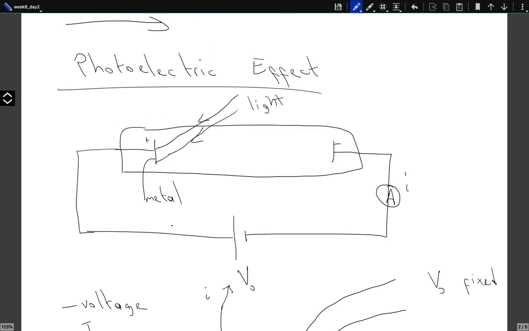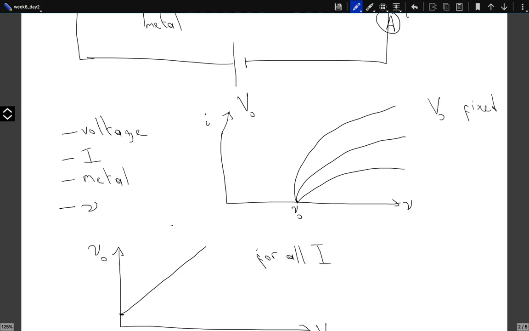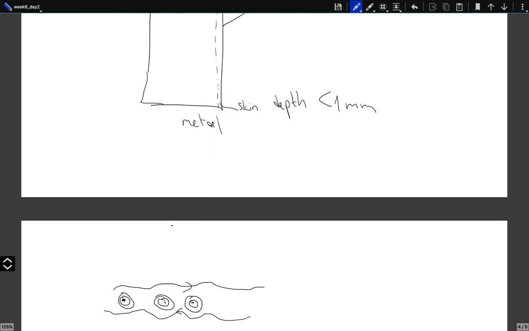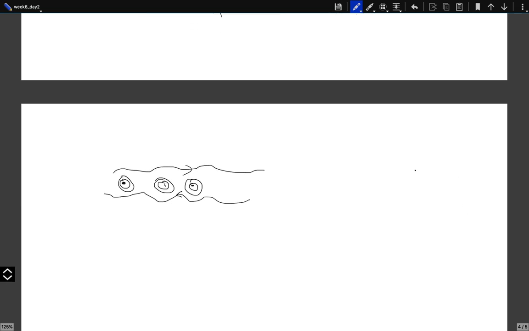Well, let's go back to the sketch. Why do we have a closed circuit over here? So that nothing becomes charged. So you see, let's say for instance, you liberate an electron at a distance d.